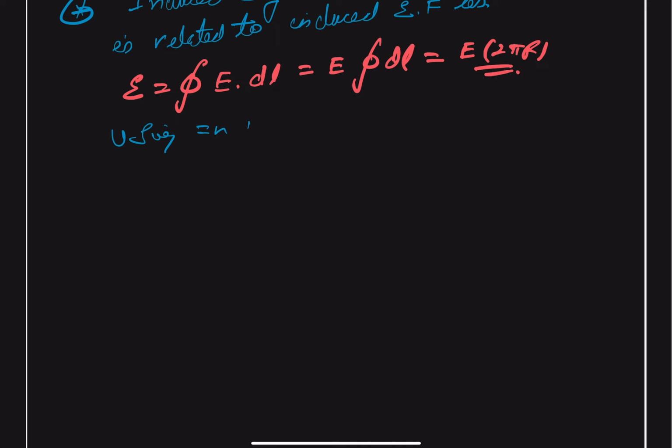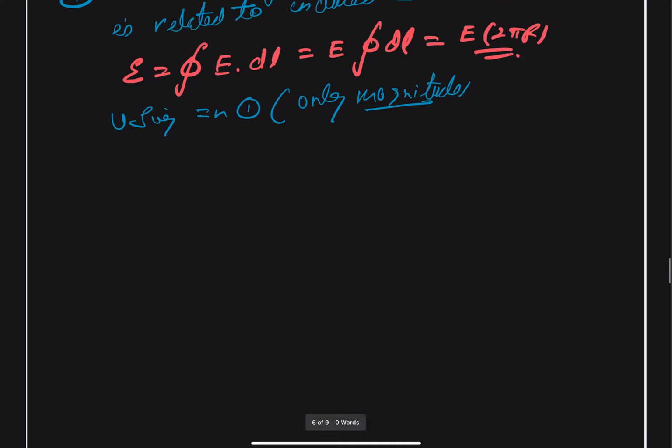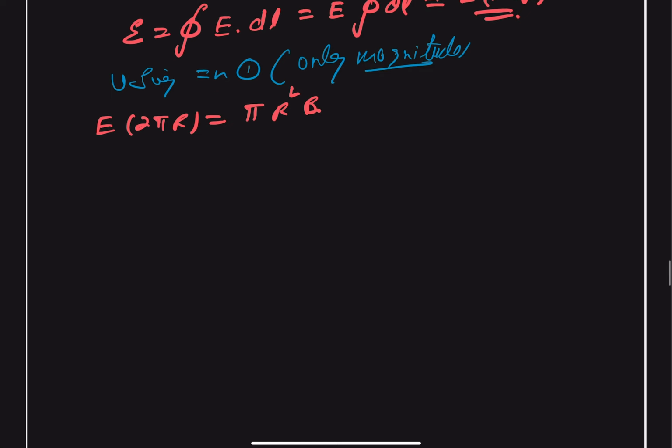Using equation 1, only magnitude, we can write that electric field multiplied by 2 pi r will be equal to pi r square multiplied by B. And here pi cancels and this r gives the square, so we get that our electric field is equal to r multiplied by B divided by 2.